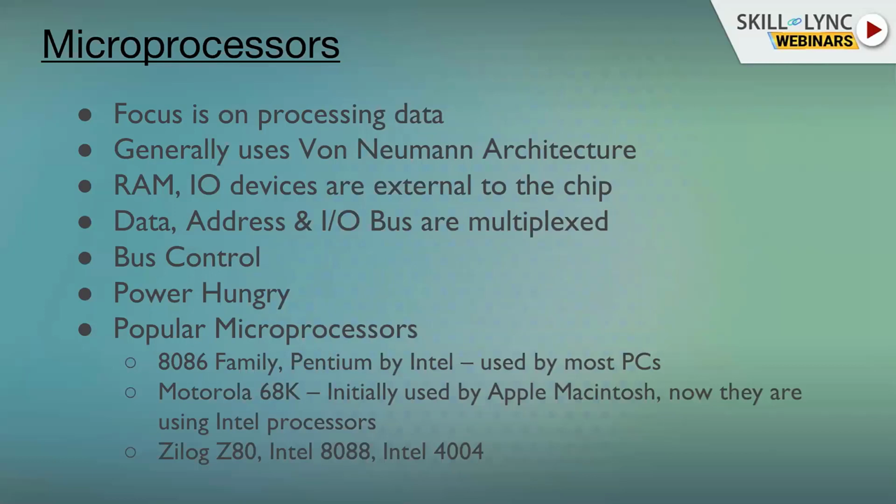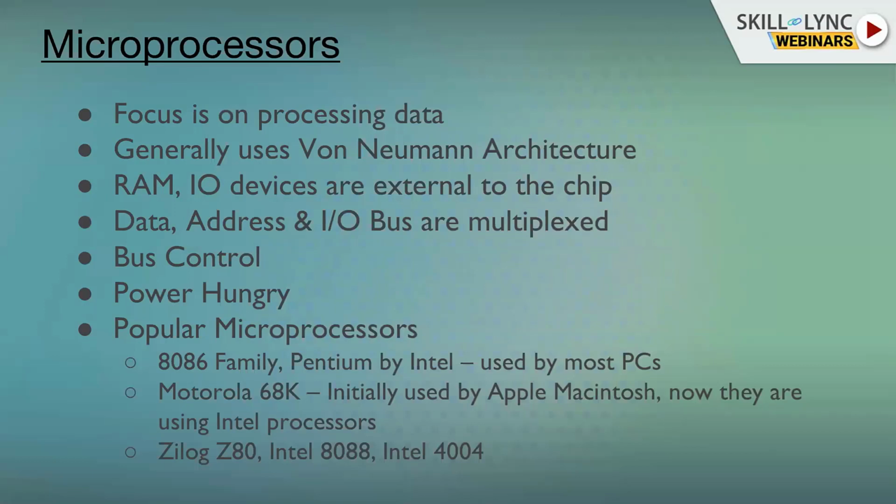And microprocessors generally use Von Neumann architecture. Nowadays, ARM is also supporting multiple bus widths. I'll come to that slide later. So generally they support large data ingestion and large data emission.